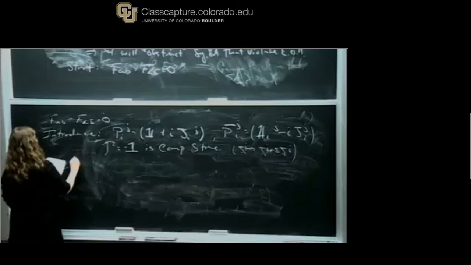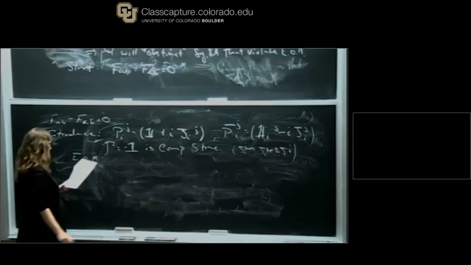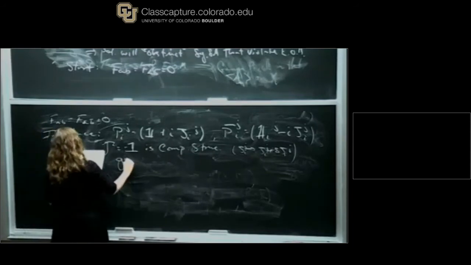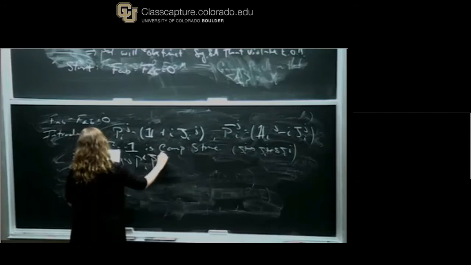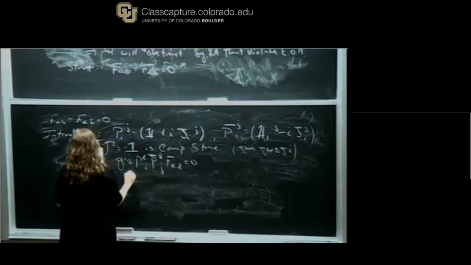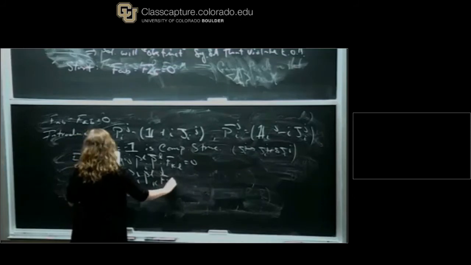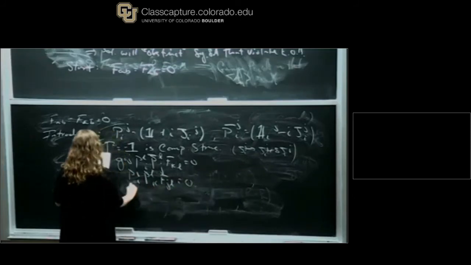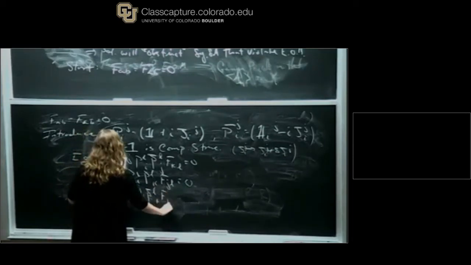And if I do that, my equations of motion can be written in terms of these projection operators as G^{ij} P^k_i P bar^l_j F_{kl} is 0, and the other two guys are these P^k_i P^l_j F_{kl}, and P bar^k_i P bar^l_j F_{kl}.